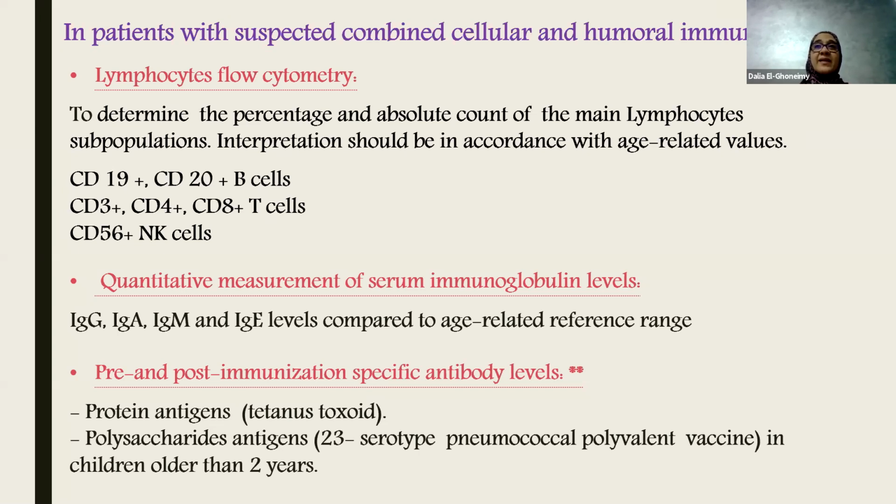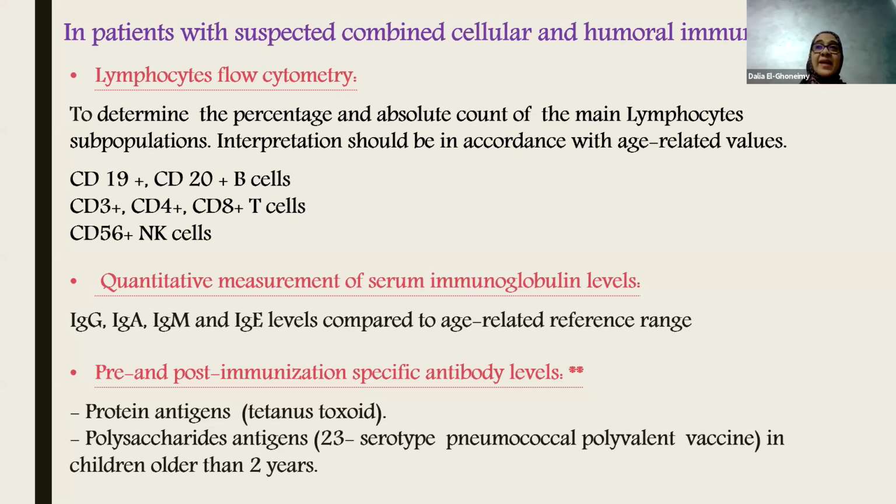because we have to measure the antibody level pre-immunization and give the vaccine and wait for nearly 4 weeks for a protein antigen to re-measure the specific antibody level. And if we do it for a polysaccharide antigen in children older than 2 years, we need to wait even 6 weeks.